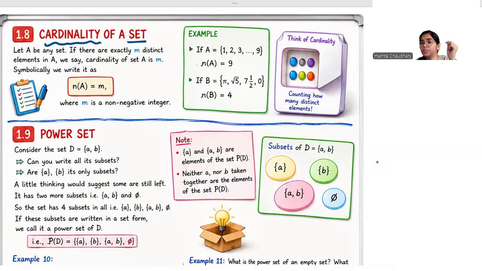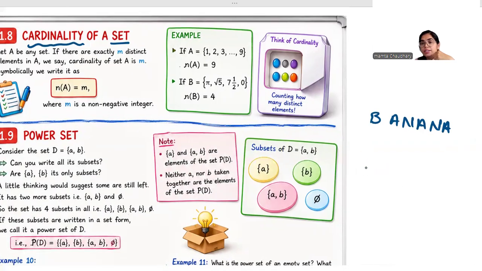You remember in the starting, I explained one example, banana. So there was a set in that, and these were the elements with commas. Elements are always written with commas. So here you can see there are 6 elements, but we always count non-repeating elements.